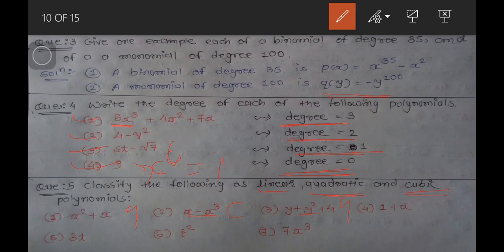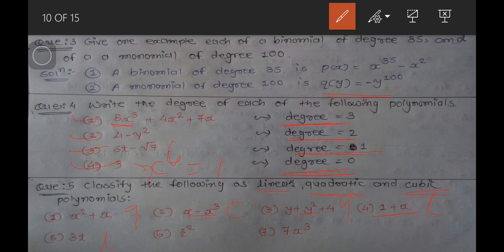Fourth one, 1 plus x. Here also the degree of polynomial is 1, then it is known as linear polynomial. Fifth example, 3t. Here also degree of polynomial is 1, then it is called linear polynomial.